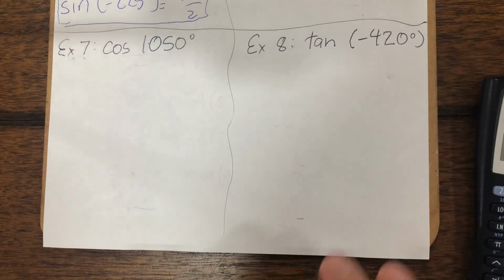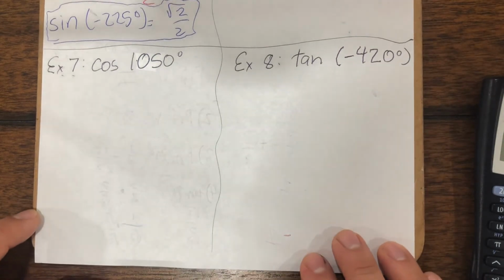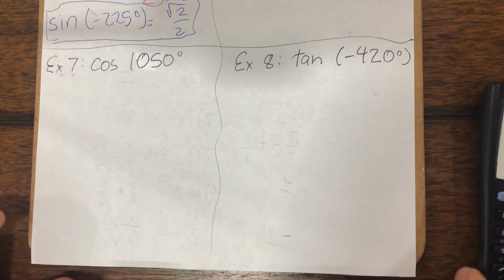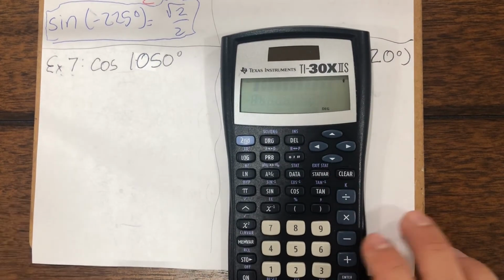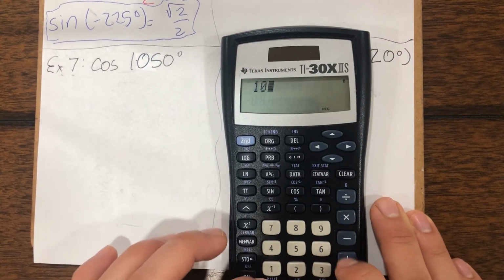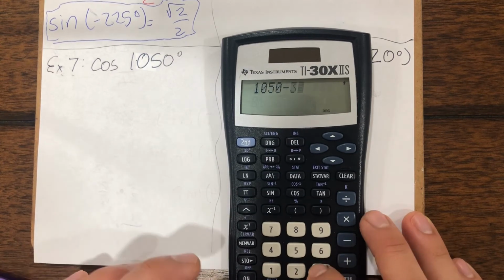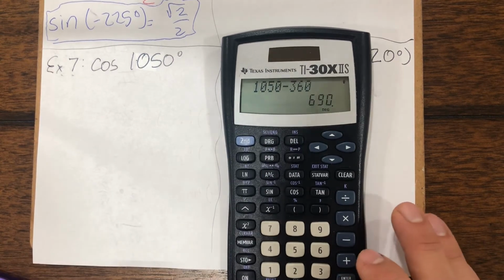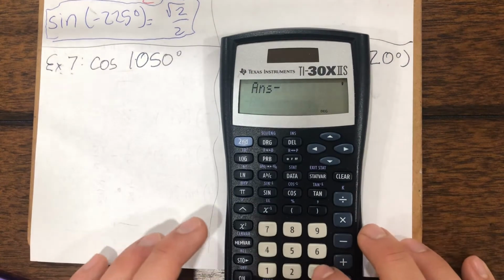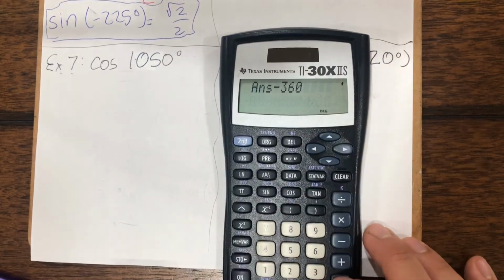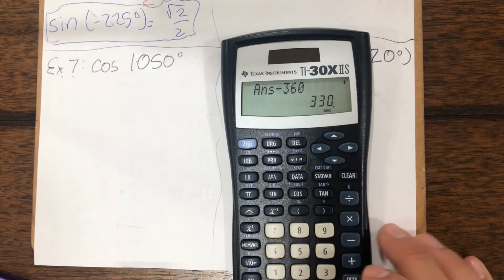So we're going to have to subtract 360, but we're not just going to subtract it once. We may need to subtract it multiple times. So we have 1,050. Subtract 360. I get 690. Still above the range. So I'm going to subtract again. So I subtracted twice, and I get 330.